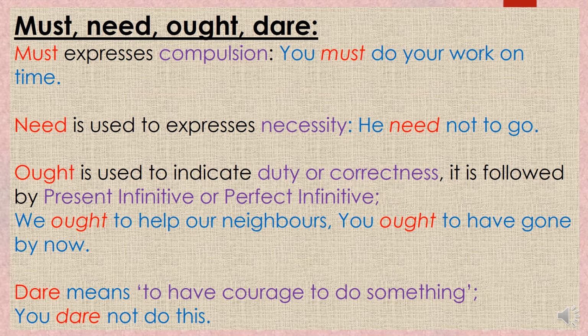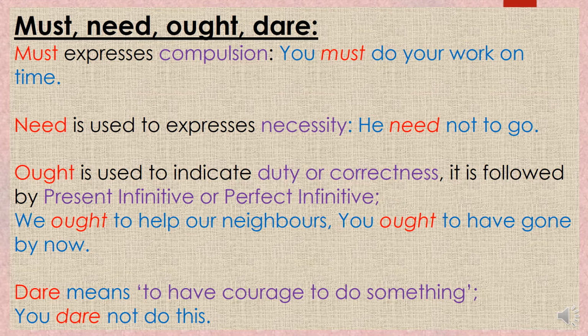Now see, ought. Ought is used to indicate duty or correctness. It is followed by present infinitive or perfect infinitive. See the example, we ought to help our neighbors. So it is our duty to help our neighbors.